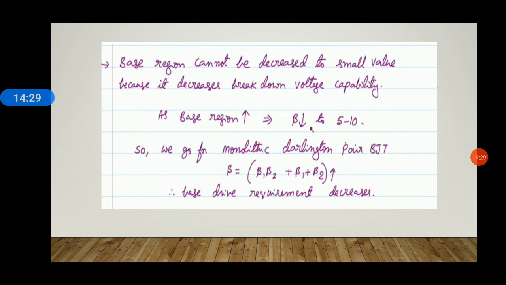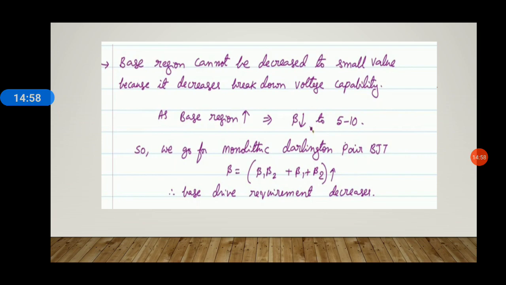Now, if beta is less, then how would we get a higher IC? In order to get a higher IC, we need to have a higher IB, that is the base drive requirement increases. That is, the circuitry has to provide a larger base current which will become complex as mentioned before.